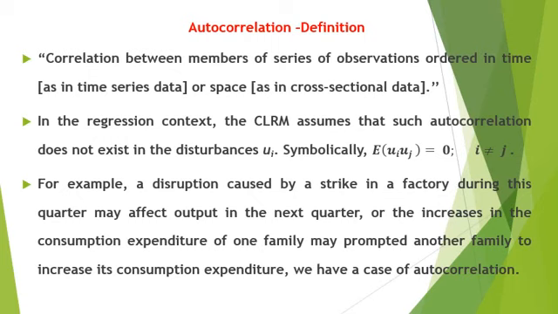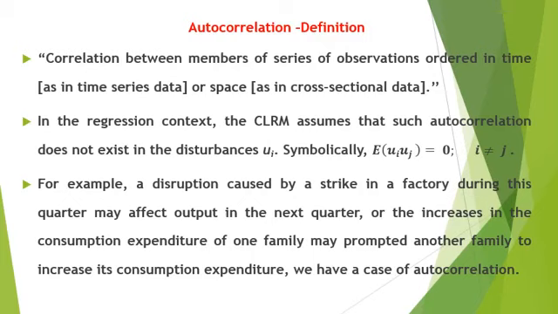In the context of the classical linear regression model, we assume that our data does not exhibit autocorrelation among the disturbances or error terms. Symbolically, the no autocorrelation assumption can be represented as the expectation E(ui uj) equal to 0.